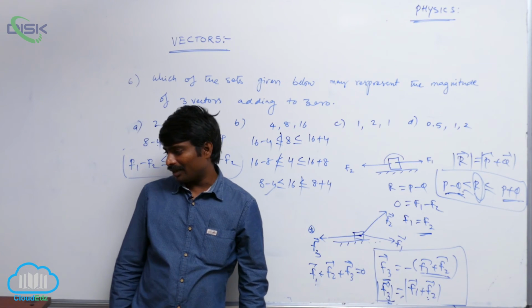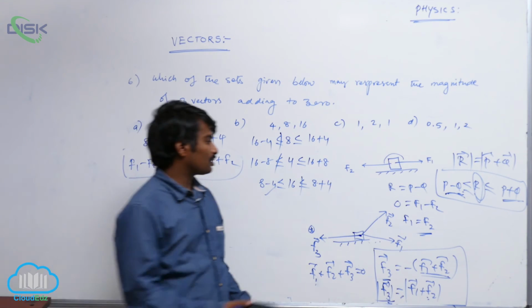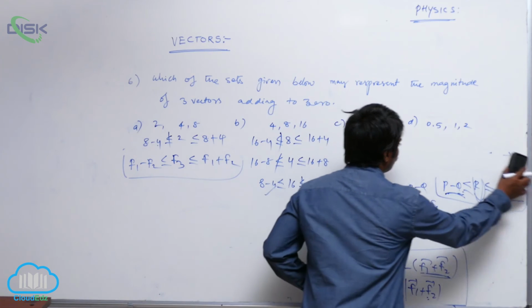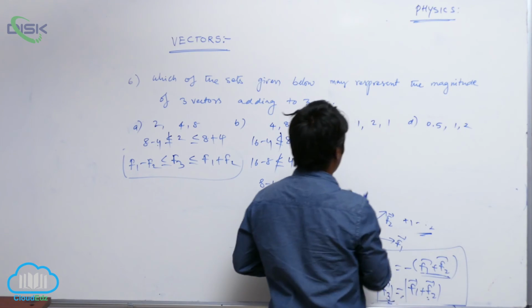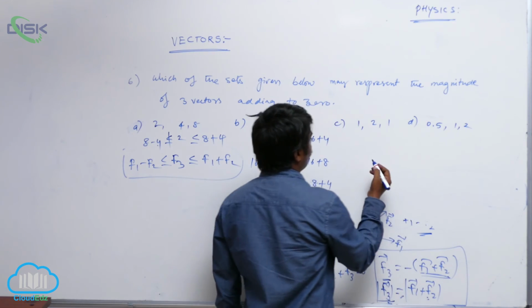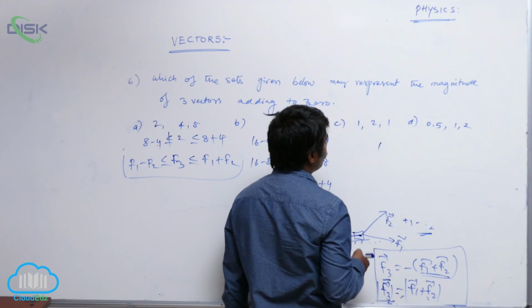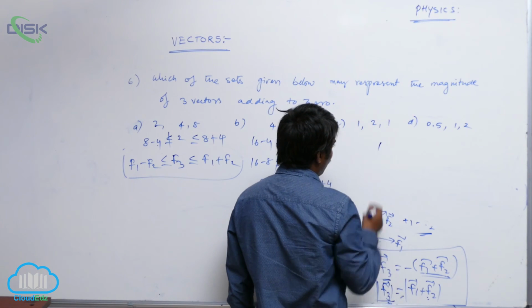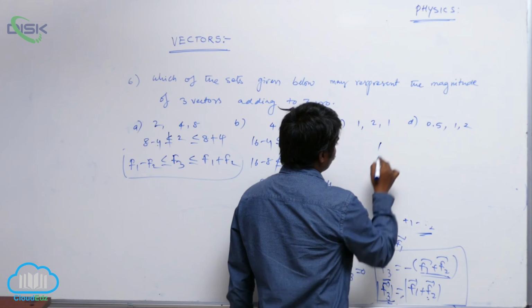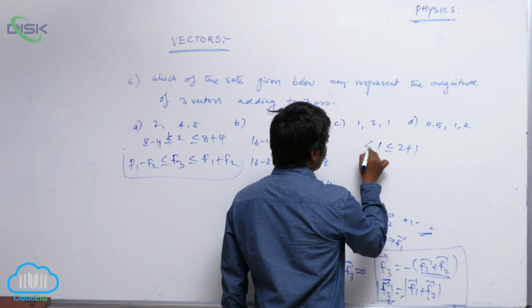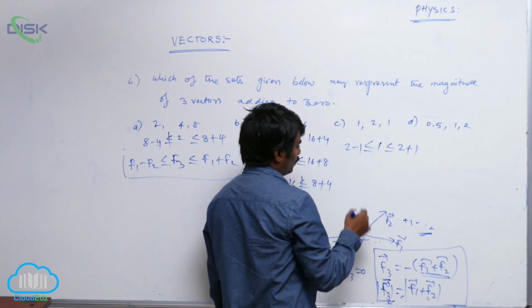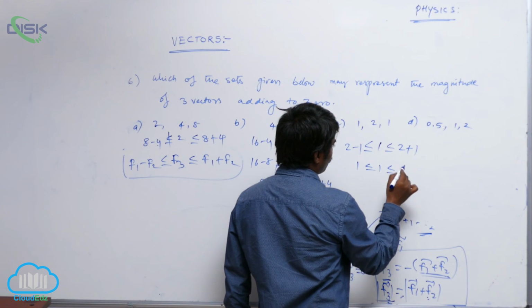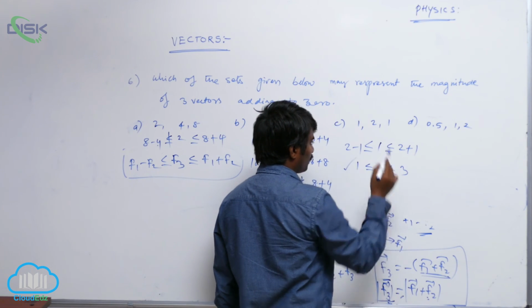give 0 value. Next let us go for this. You can take 1, this one I am taking, so this one and 2, so 2 plus 1, 2 minus 1, so 1 less than or equal to 1 less than or equal to 3. Yes, this condition is fulfilled.